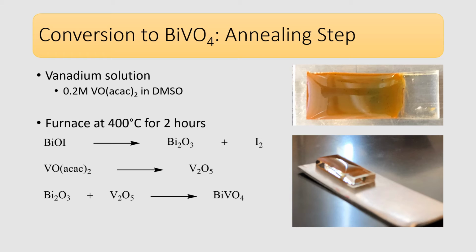Once the solution was added, as seen in the pictures, it was put in a 400 degrees Celsius furnace. At this temperature, the bismuth oxyiodide decomposes into bismuth oxide. Meanwhile, the vanadium solution evaporates, leaving vanadium oxide. These two compounds react to form bismuth vanadate, which is the compound we want.